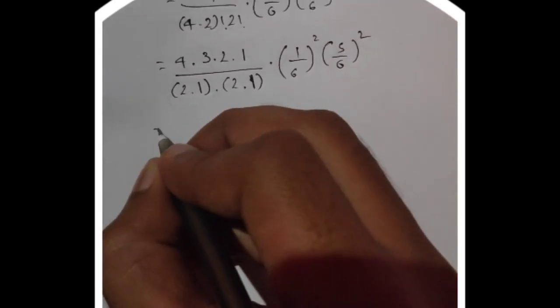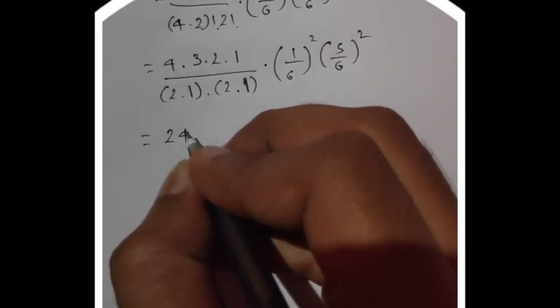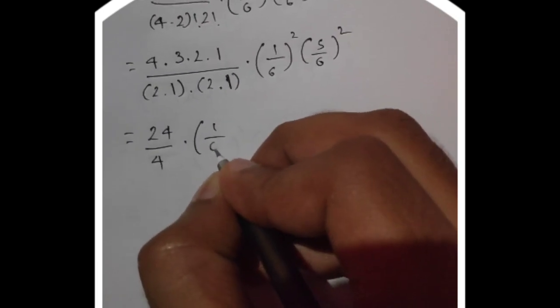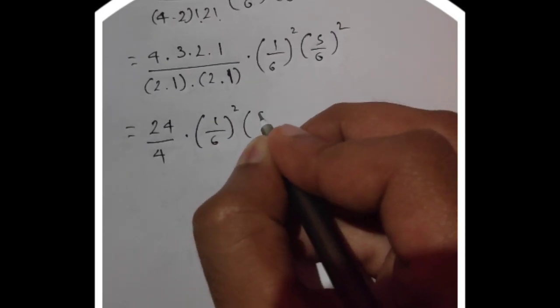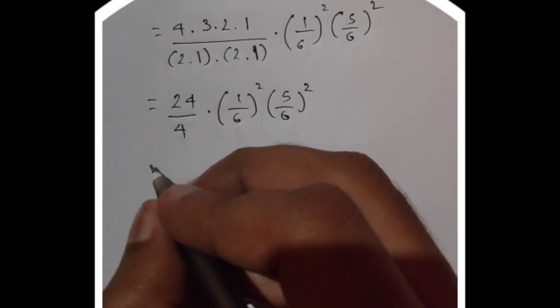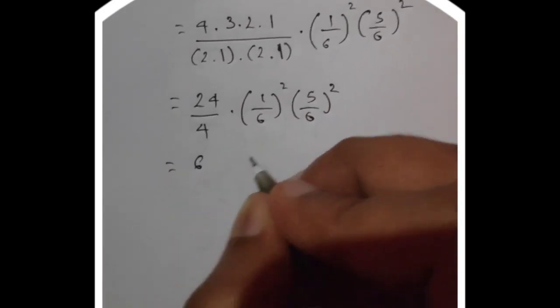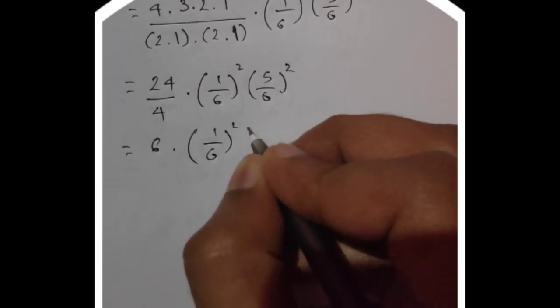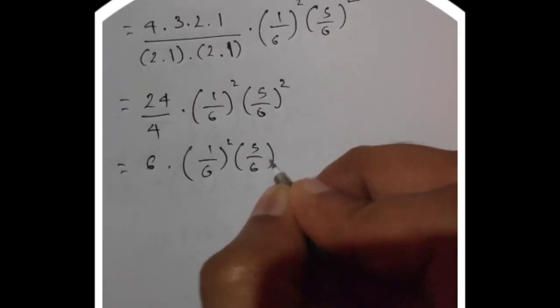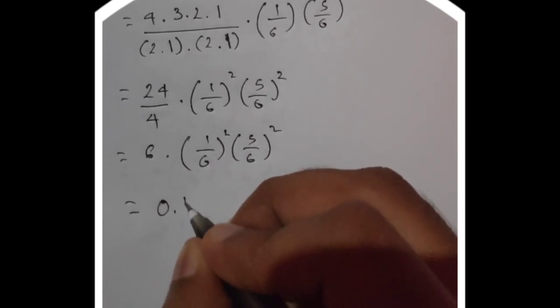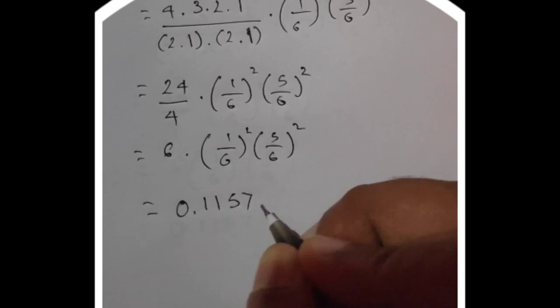So we get 24 by 4, and 1 by 6 whole squared, 5 by 6 whole squared, and this becomes 6 into 1 by 6 whole squared, 5 by 6 whole squared, and after calculating we get 0.1157.